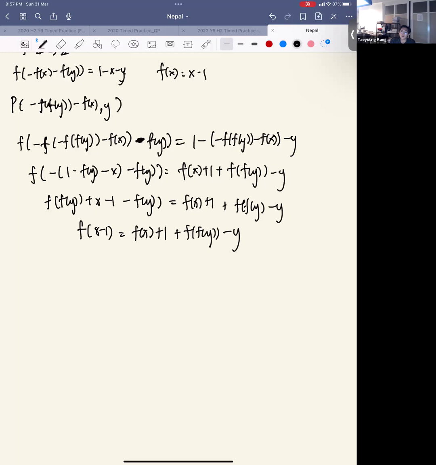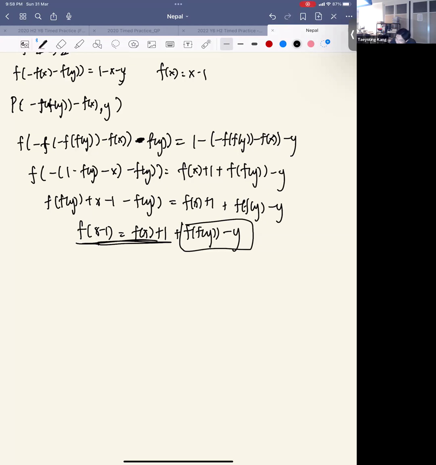So if we fix x and we vary y over all the integers, this means that this must be a constant, right? Since this is independent of this, we can set x to be a constant.